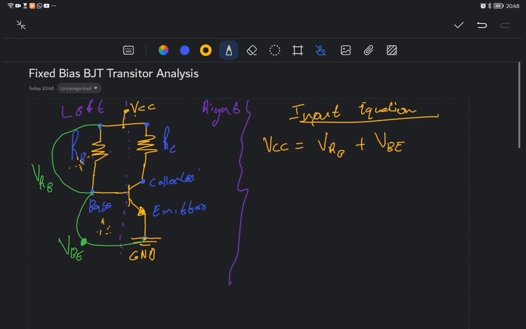Is that fine? Now after that, we'll expand this one, because the subject of the formula for the input equation is always IB. So you must make sure that IB is within the equation. We can go back to Ohm's law, which says V equals IR.